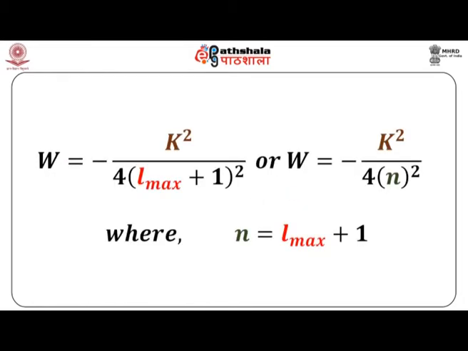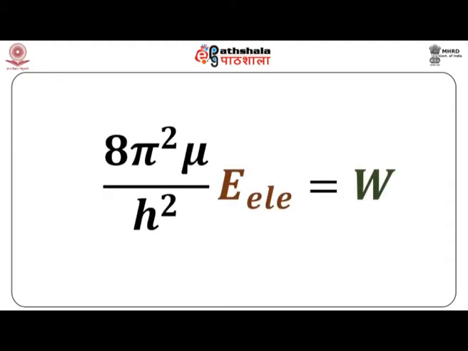That means W is equal to minus K square upon 4 L max plus 1 whole square. And if we denote L max plus 1 by N, then W becomes equal to minus K square upon 4N square. And W, if you remember, we have already made the substitution. This W is basically equal to 8 pi square mu upon h square into E electronic.